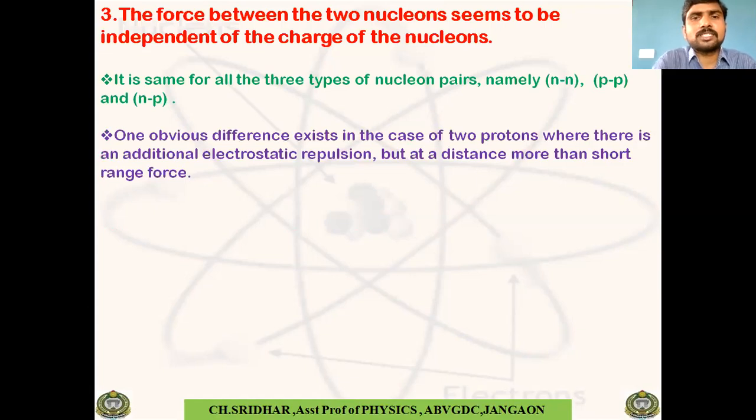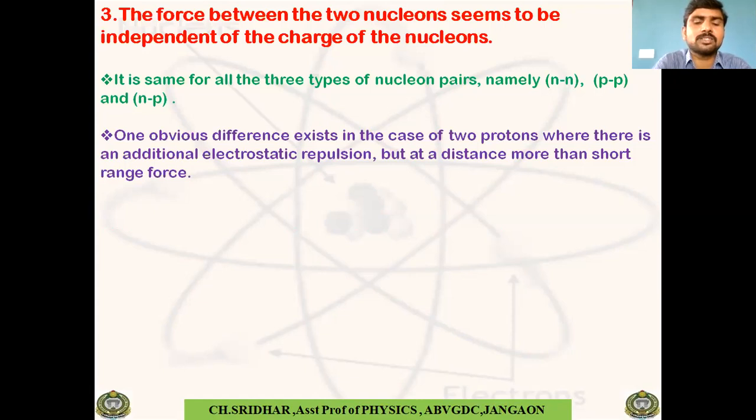One obvious difference exists in the case of two protons, where there is an additional electrostatic repulsion, but at a distance more than the short range force. Of the three pairs, the proton-proton pair has some difference: there is an electrostatic force of repulsion between the protons, and this is overcome when the protons are at a distance of 10 to the power of minus 15 meters.